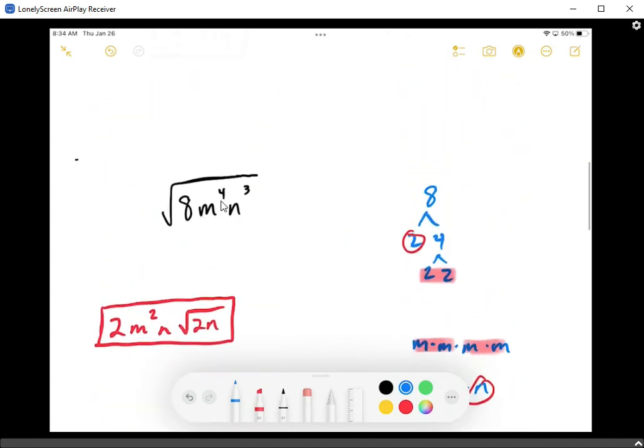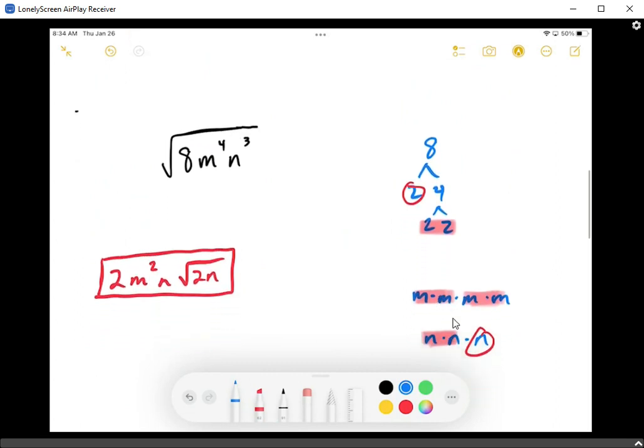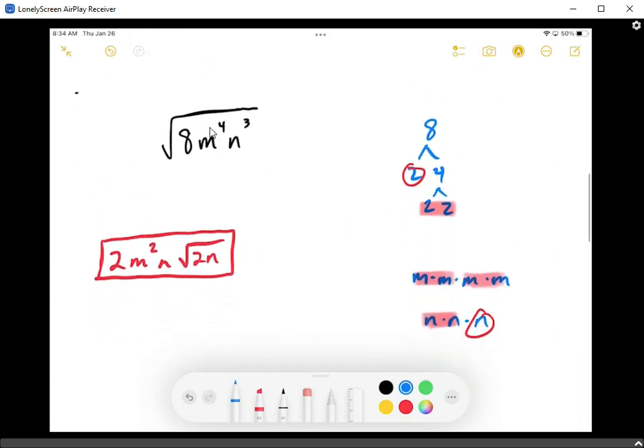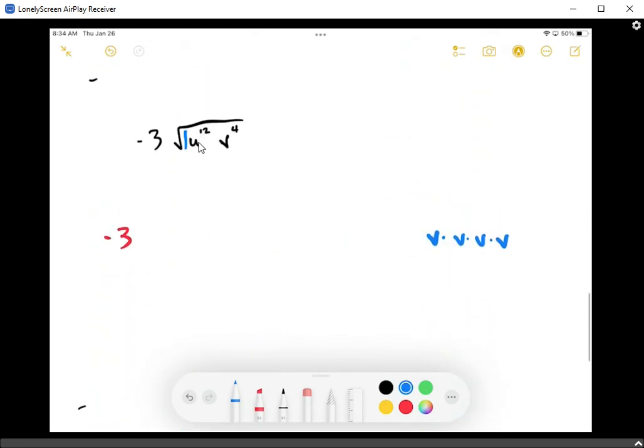Whenever you have an even number, we took that power and cut it in half. Our power on this one is 12, so the power on the outside of that square root is going to be u to the 6th.